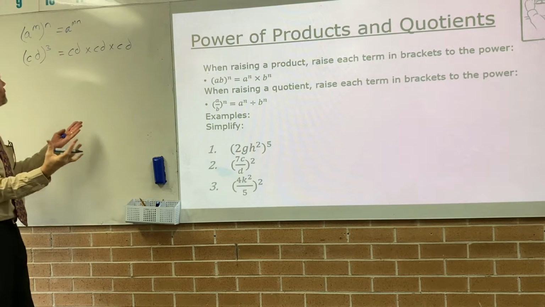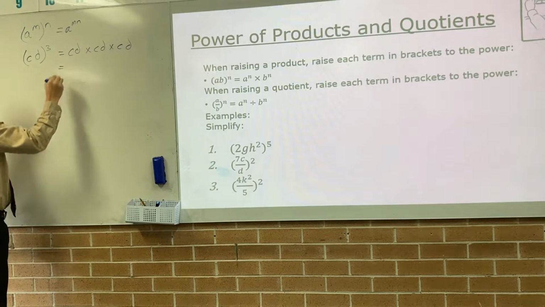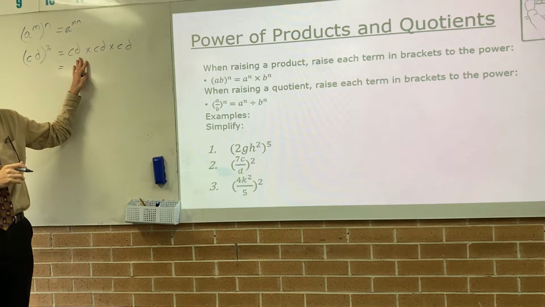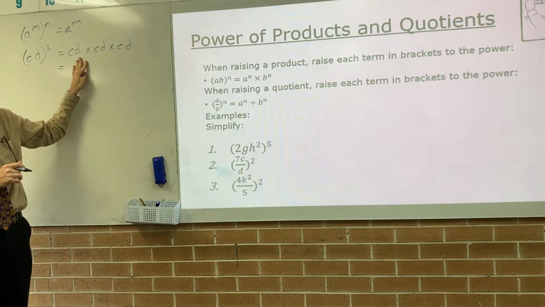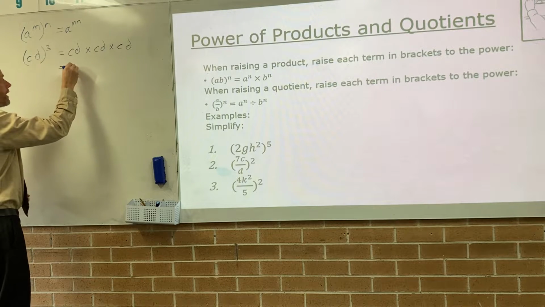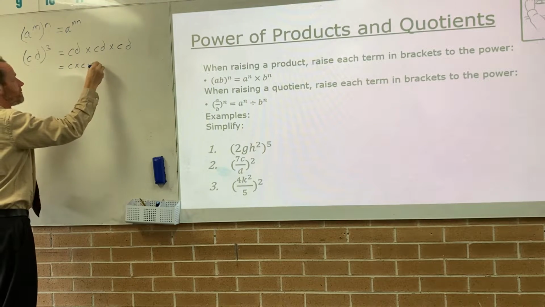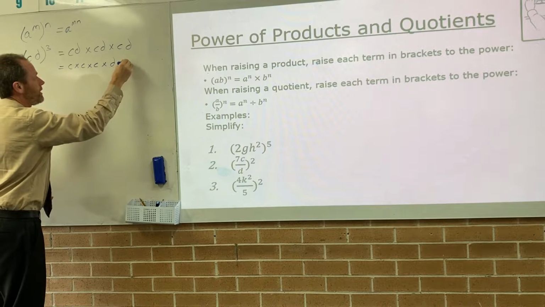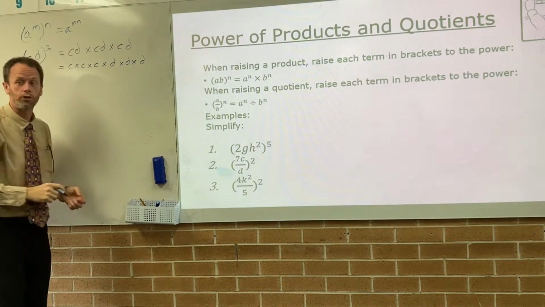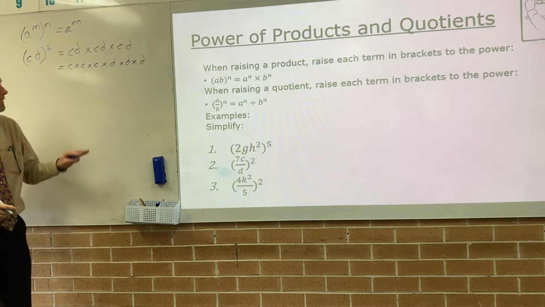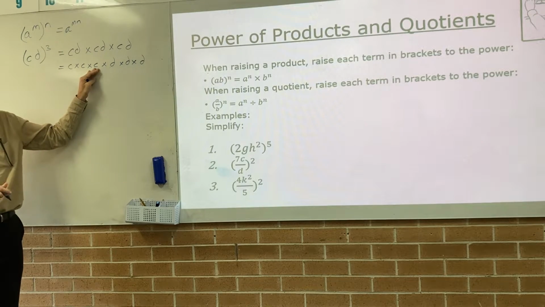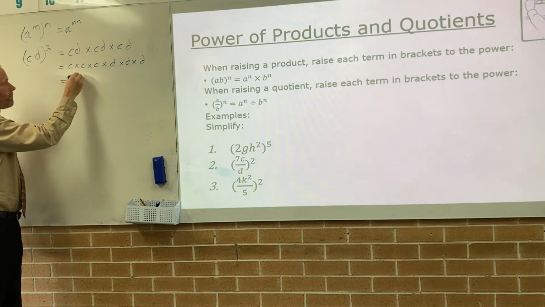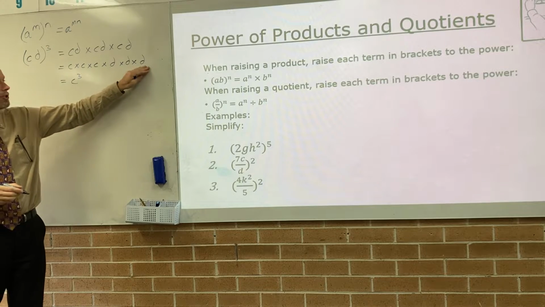And we know with multiplication, we can change the order of this so that we could write it as C times C times C times D times D times D. Well, we've got C cubed and we've got D cubed.